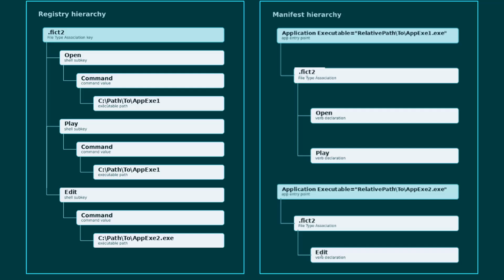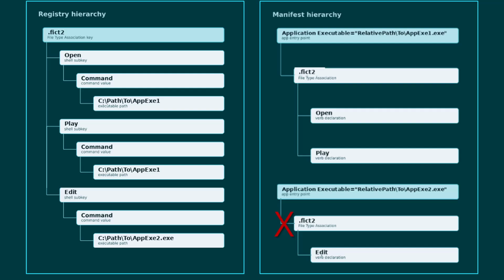So because app2 is a different executable element, it has to be placed under a different application element. But at the same time, the same file type may not be defined under two different application elements the way that we're showing it here. This is one of those uniqueness rules built into the XML schema set.